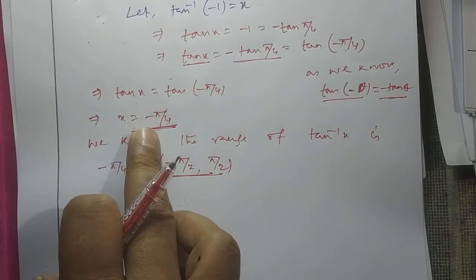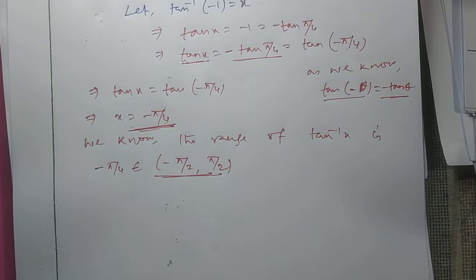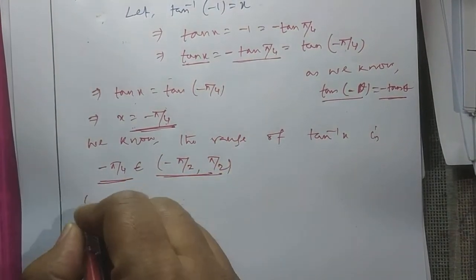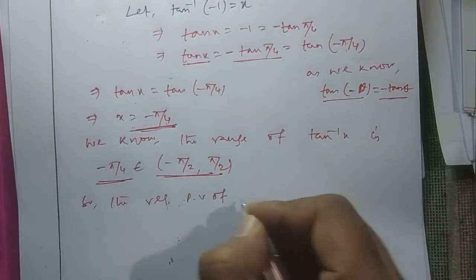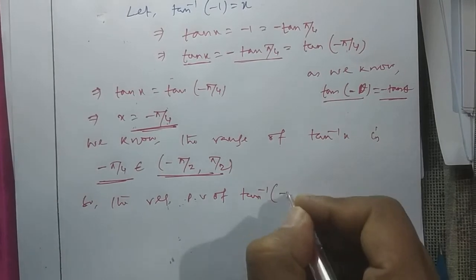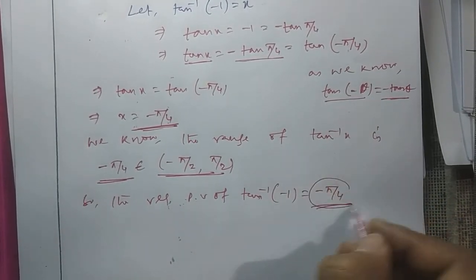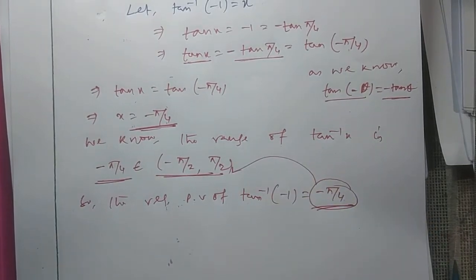So we can say it is the required PV. So the required PV of tan inverse minus 1 is minus pi by 4. Understood? Because it is lying in the range of tan inverse x, that's why it is the required PV.